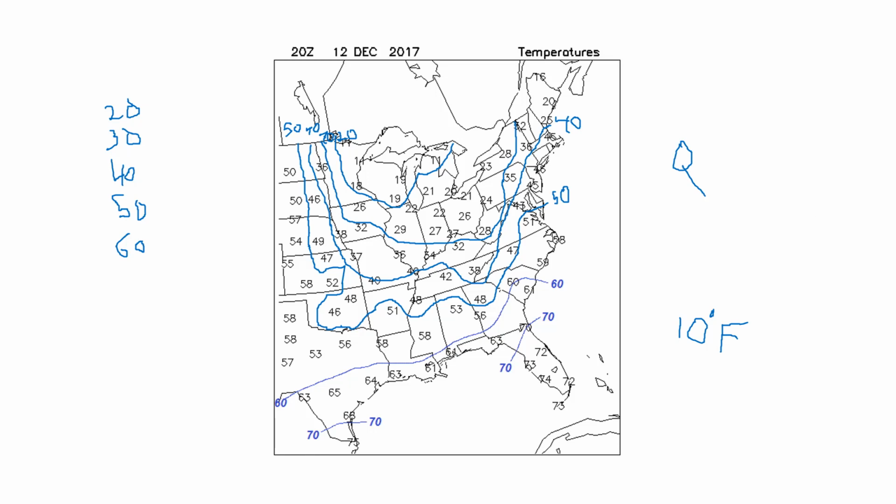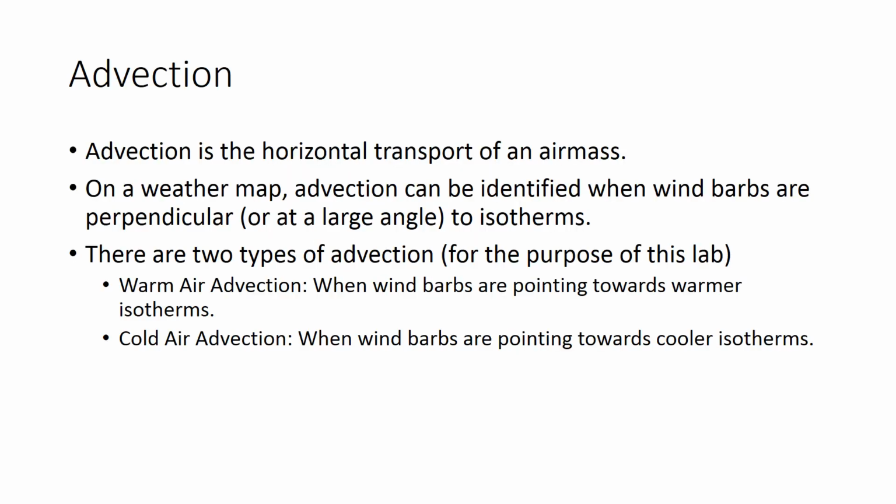Well, in the event that that wind barb, that long pole, is perpendicular or nearly perpendicular to an isotherm, that indicates advection. On the other hand, if the barb, so again that long pole, is parallel to a nearby isobar or isotherm, that is no advection.